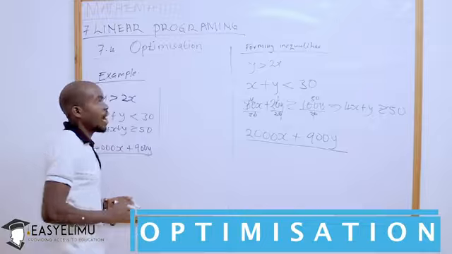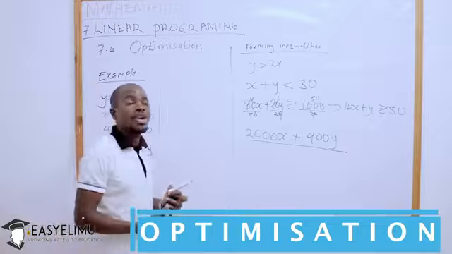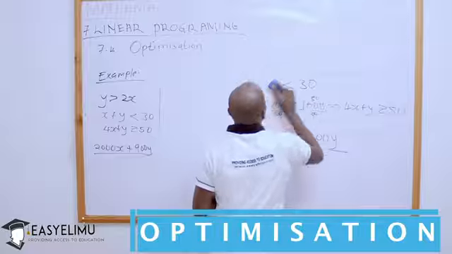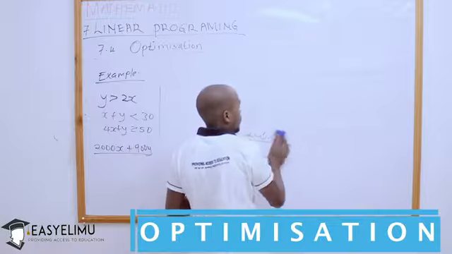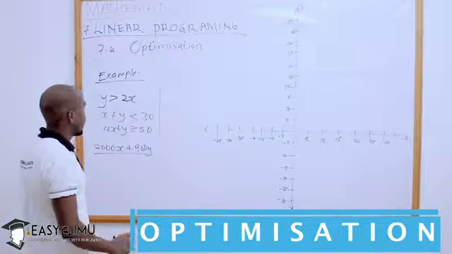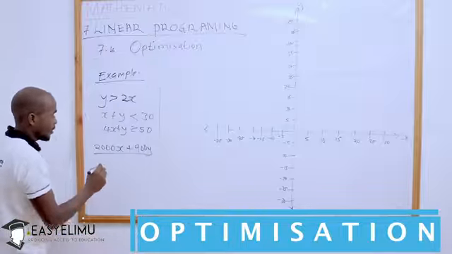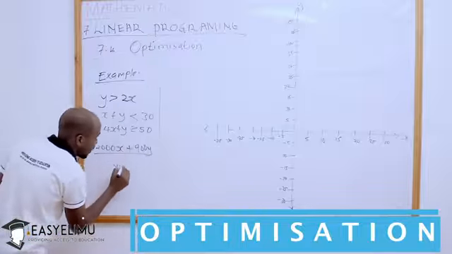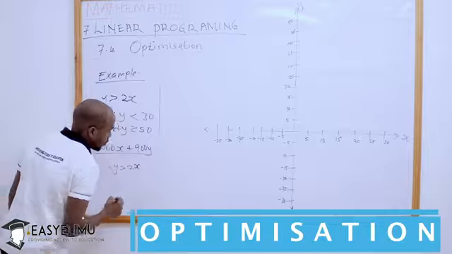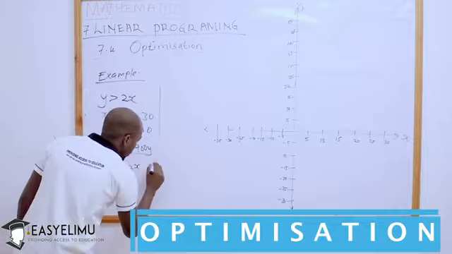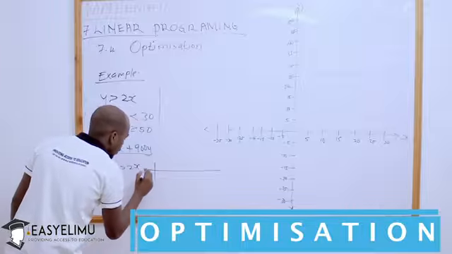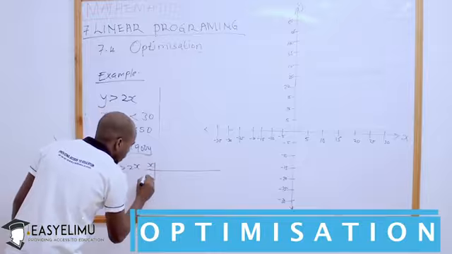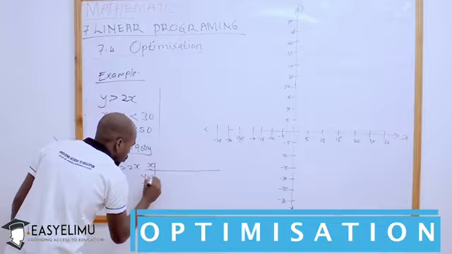We have formed the inequalities. Now we need to graph them on a Cartesian plane. Let's start with y is greater than 2x. We can draw a table here, with x and y, for the line y equals 2x.